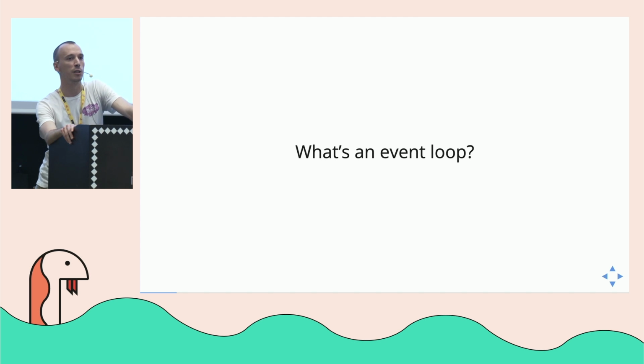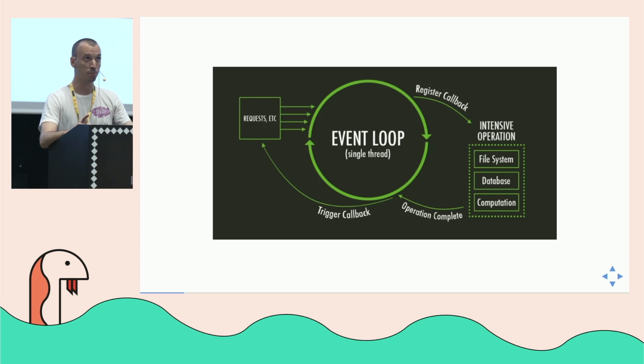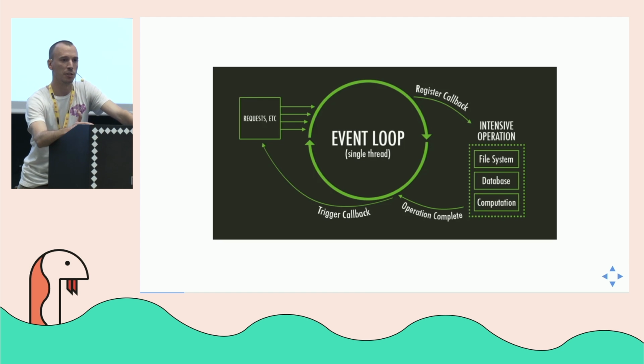Who knows what an event loop is? You want to try to answer? No? Nobody? I can give you a hint. That's kind of how an event loop works. So an event loop is something that allows you to register yourself to watch for some events, I/O events.